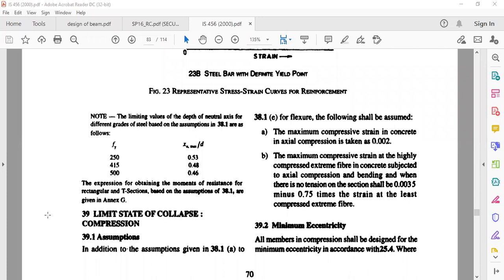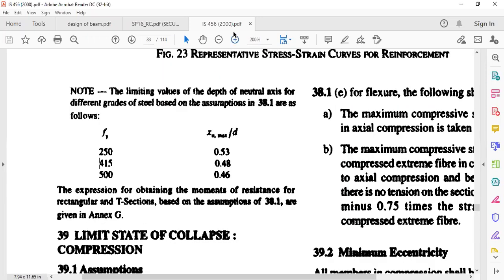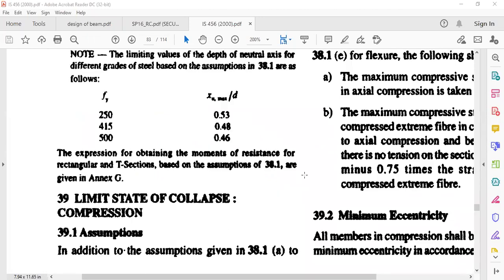This one is the xu max by d ratio. Fy is the characteristic strength of the steel, so what is your grade of steel? Depending upon the grade, whether it is 250, 415 or 500, you get the xu max by d ratio as 0.53, 0.48, 0.46. This is already in the IS code itself, and we just have to consider that.